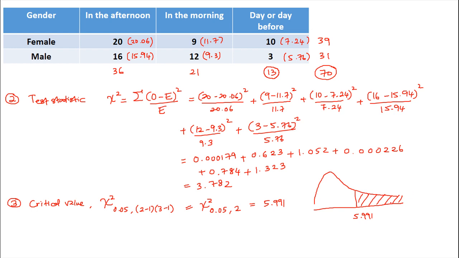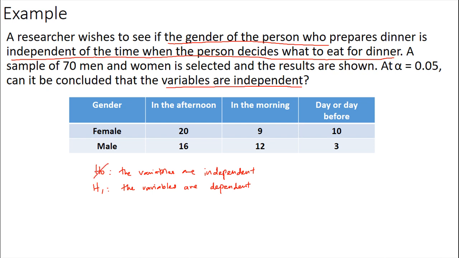That means we have to reject H naught if the test statistic value falls in this region. And now the test statistic is 3 point something, okay, 3.782, which is not in the critical region. That means we fail to reject H naught. If we fail to reject H naught, that means we have to accept H naught.